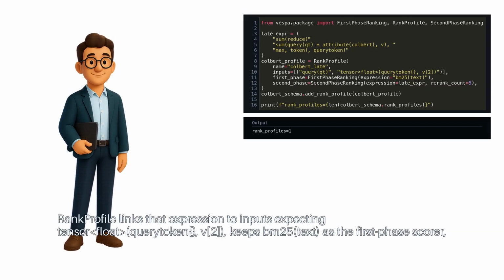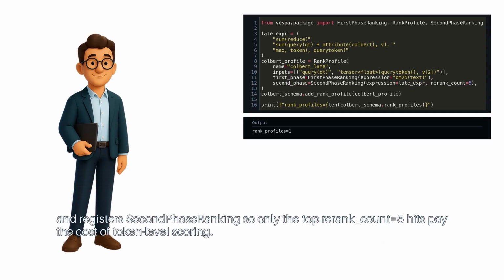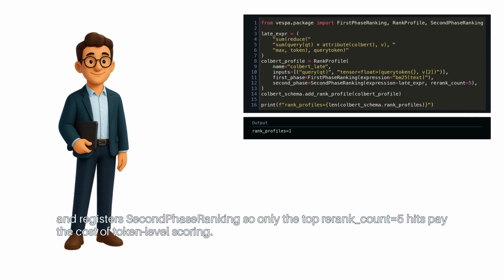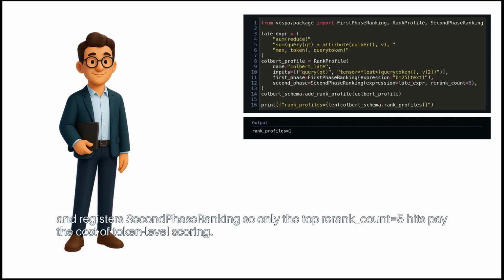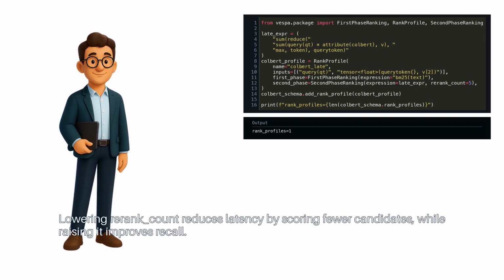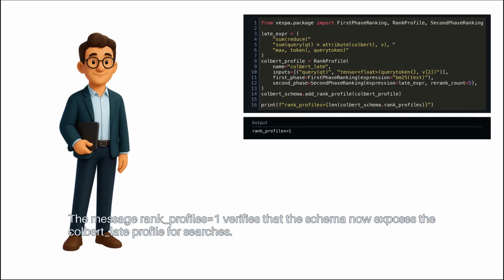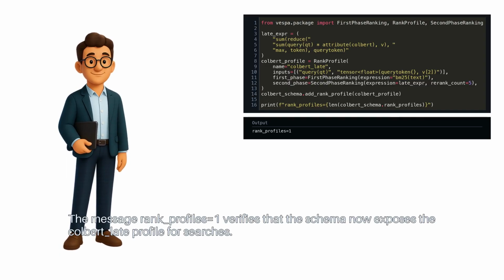The rank profile links that expression to inputs expecting tensor<float>(querytoken{}, v[2]), keeps BM25 text as the first-phase scorer, and registers second-phase ranking, so only the top rerank_count=5 hits pay the cost of token-level scoring. Lowering rerank count reduces latency by scoring fewer candidates, while raising it improves recall. The message rank profiles equals 1 verifies that the schema now exposes the colbert_late profile for searches.